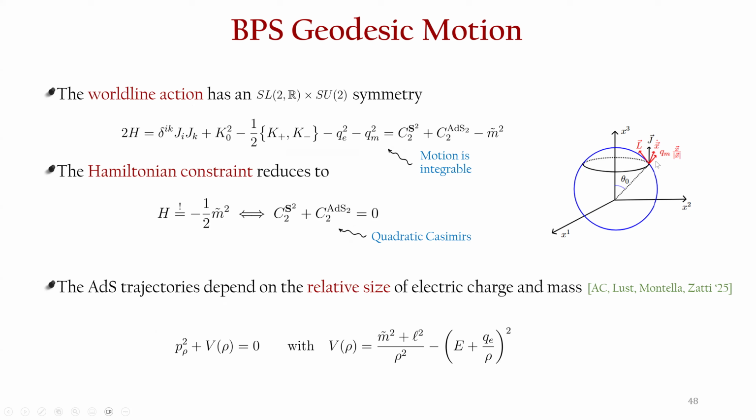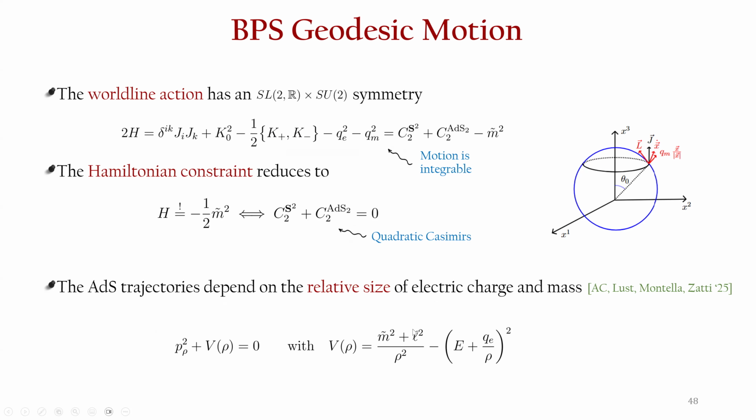So if you substitute this motion in the Hamiltonian constraint and use some other conservation laws, you find out that there's a radial equation for the radial direction in AdS2, that is of the usual form. So you have the momentum and some effective potential that depends on the mass of the particle in units of AdS radius, the angular momentum of the particle in the sphere, the conserved energy of my particle, and also the electric charge.